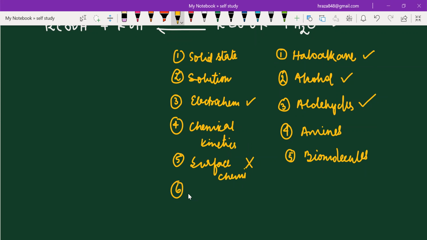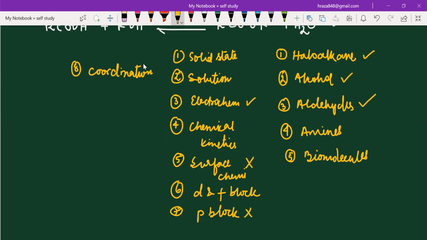Okay. Can you tell me about the D and F block? It is there, sir. P block is deleted, I think. Yes, sir, P block is deleted. And can you tell me about the coordination compound? It's there, sir. So how many chapters do we need to cover?